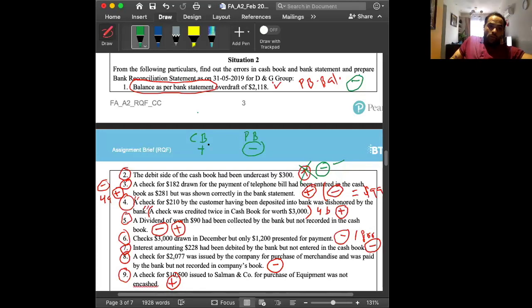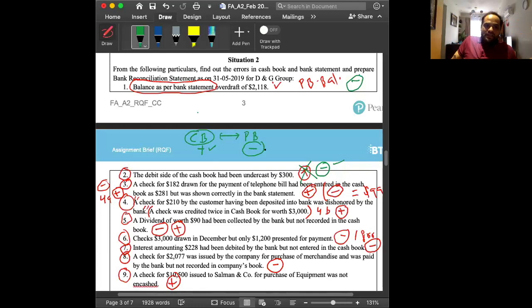So that's why normally we do $300 plus if our question starts with balance as per cash book. And as I explained before, if your question starts with balance as per passbook, you perform the exact opposite.